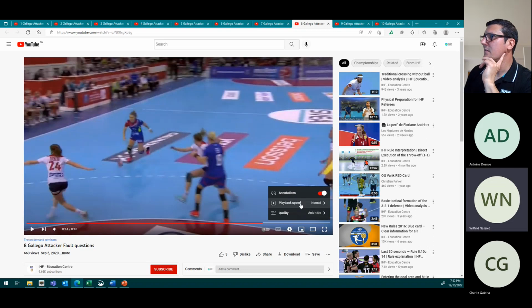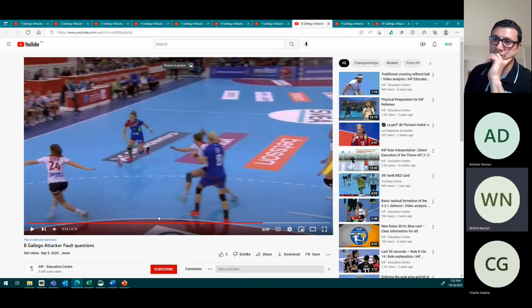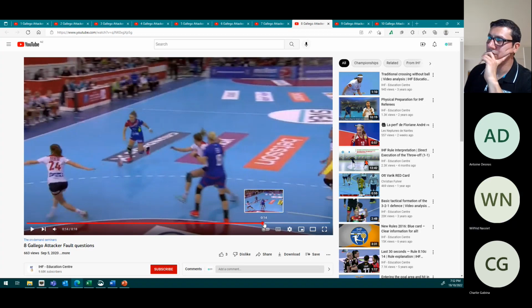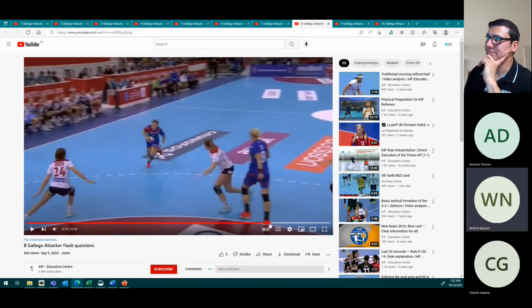As you can see, the pivot in blue has blocked the defender in order for them to be late to act to the rear. So we can interpret that situation as a first fault for the blue pivot.